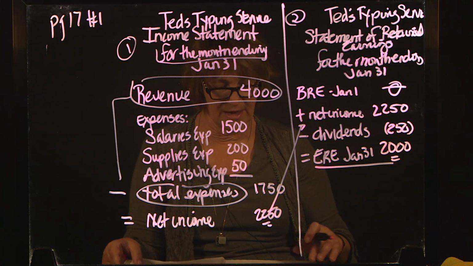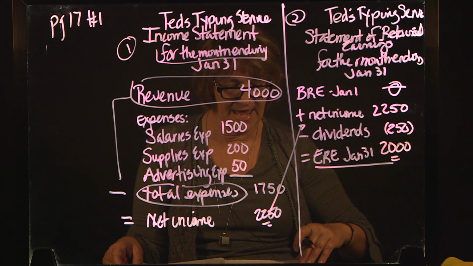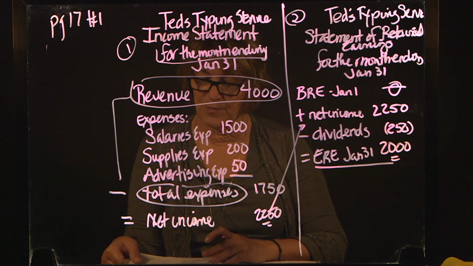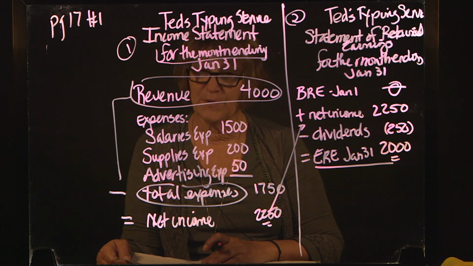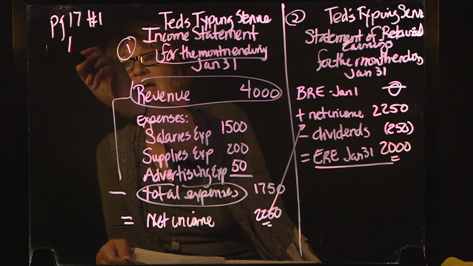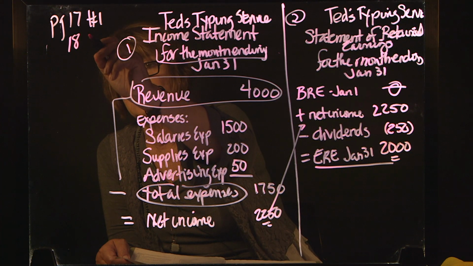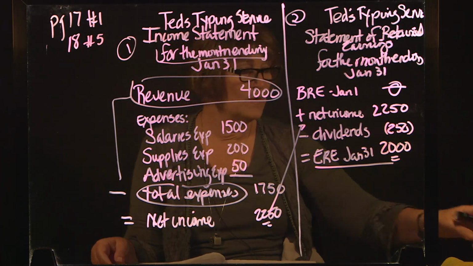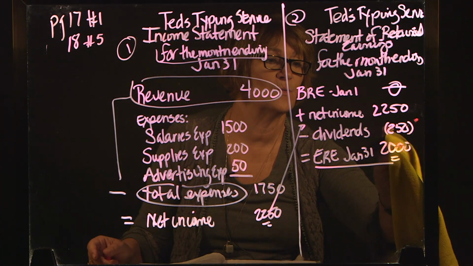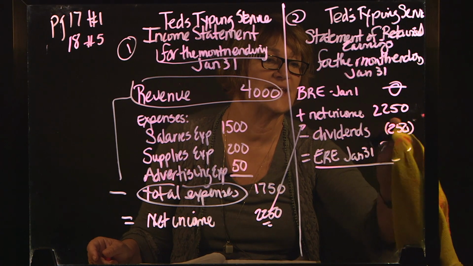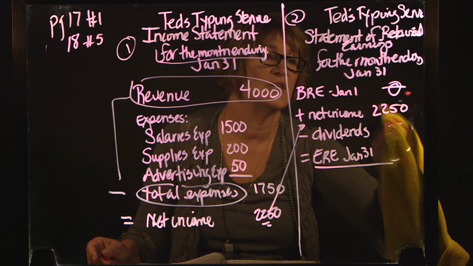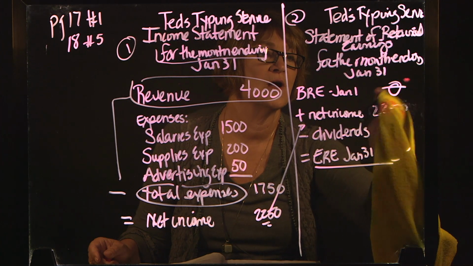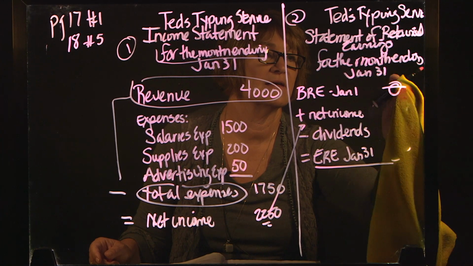But before we go on, I'd like to go ahead and take a look at another problem in the book before we leave, page 18, and I want us to look at number 5. Look at number 5. And we can go ahead and use what I have here, minus the dates, obviously, but we can use the format or the formula.